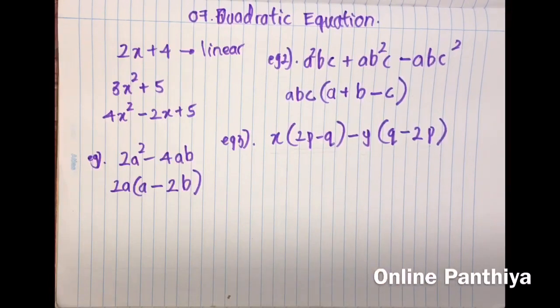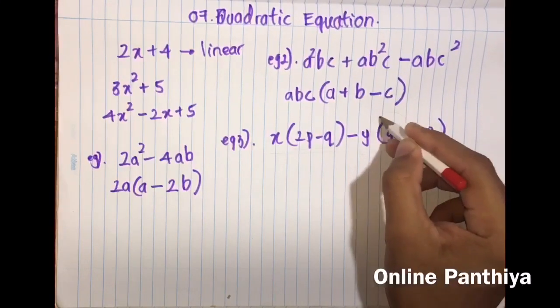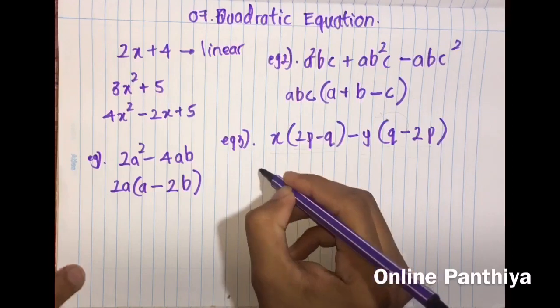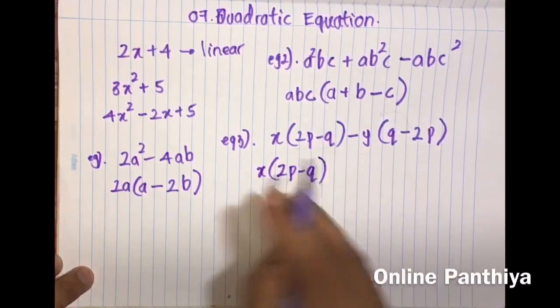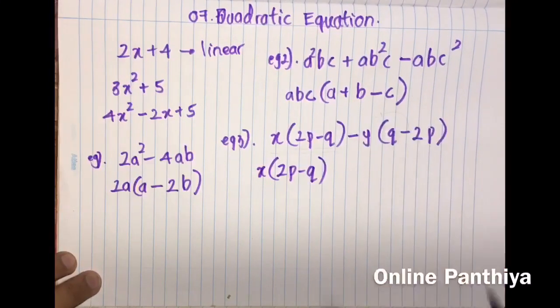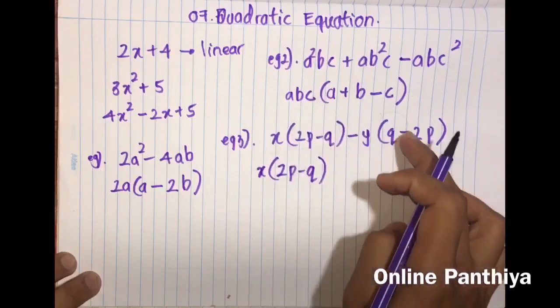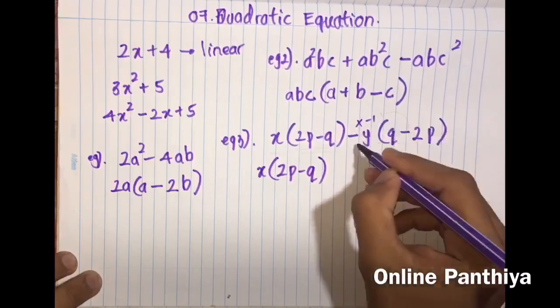Therefore, what I am going to do is take minus out in the second expression. In the first expression I have the same thing, 2p minus q. This is the first expression, that is done. Here I am going to factorize minus 1. The meaning of taking minus out is that minus 1, when it comes out, gets multiplied by minus y.